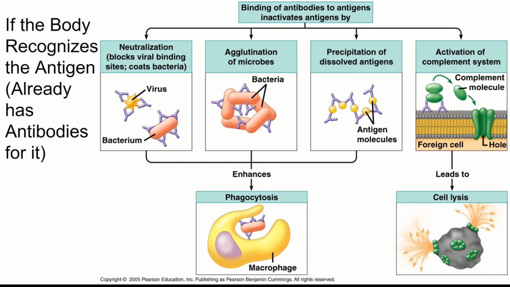And when it clumps them up together, it makes a really large complex so that our immune system can recognize it. And then we can also precipitate, which is where we have the antigen molecules being attached to each other by antibodies. All three of these methods lead to our immune system going through phagocytosis.